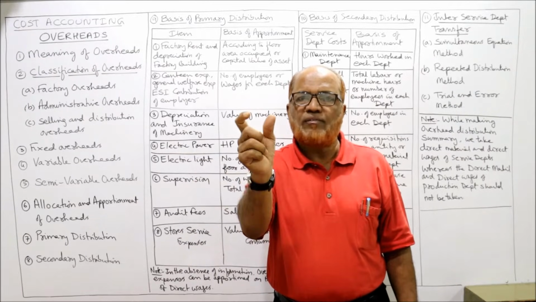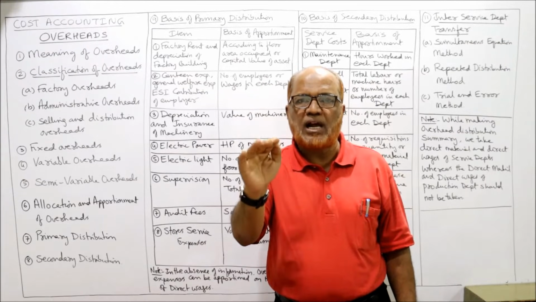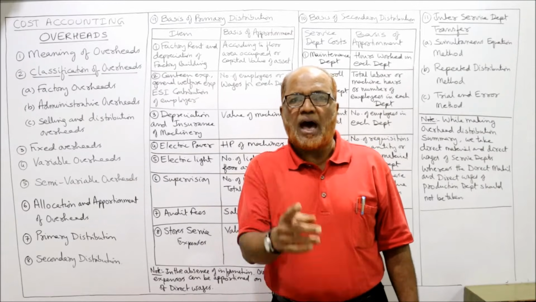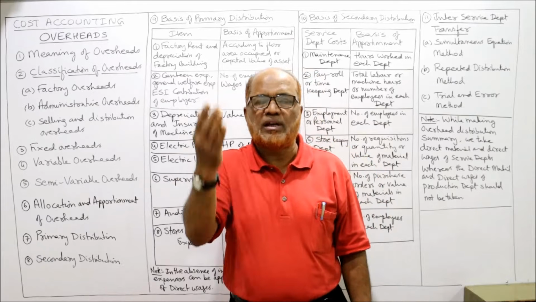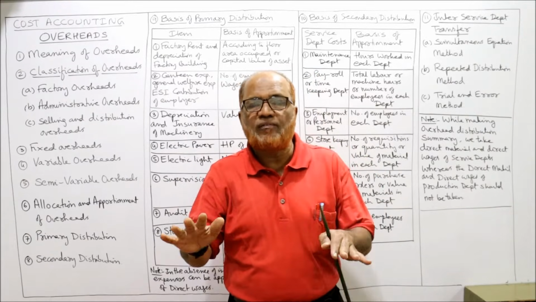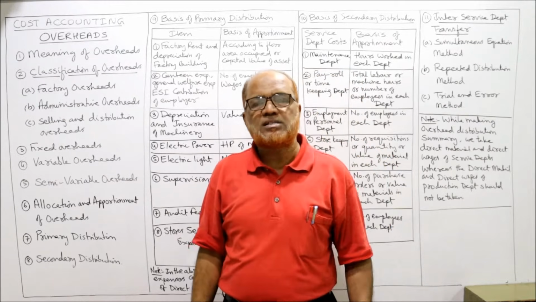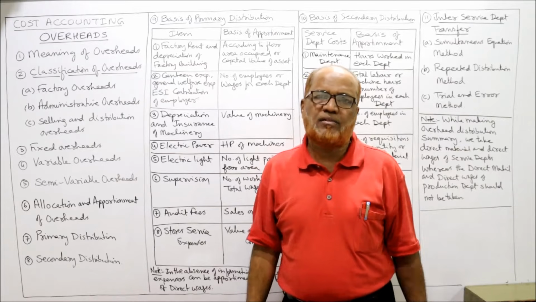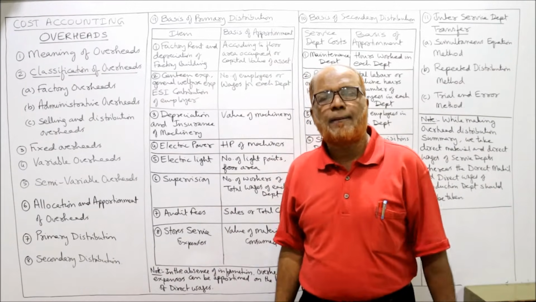The total fixed overhead will remain the same, but per unit fixed overhead will decline as the production increases. As the production decreases, the per unit fixed cost will increase, but the total fixed overhead will remain the same. Examples of fixed overheads are rent of the premises or manager's salary paid in the factory. Now variable overheads, the name itself is clear.